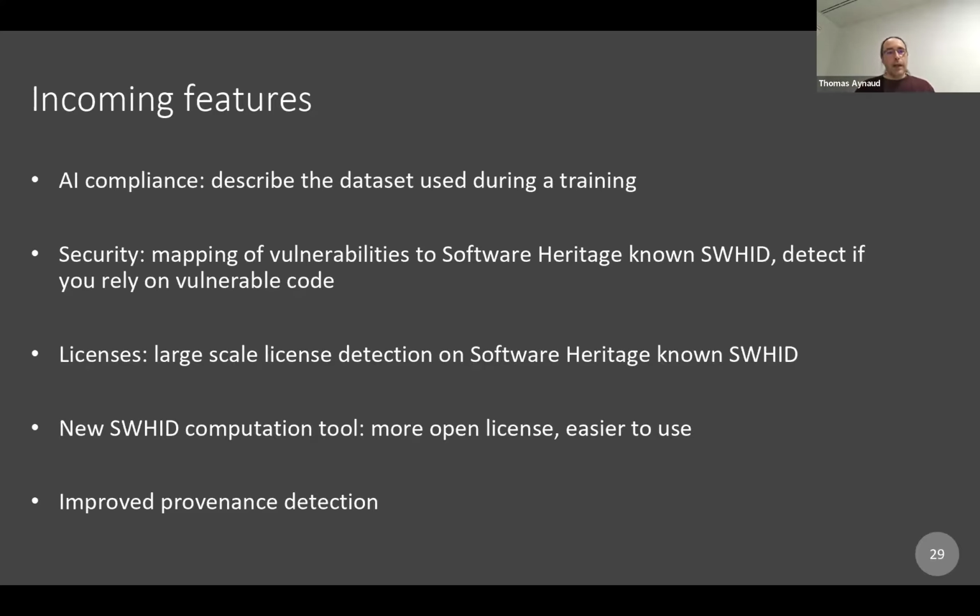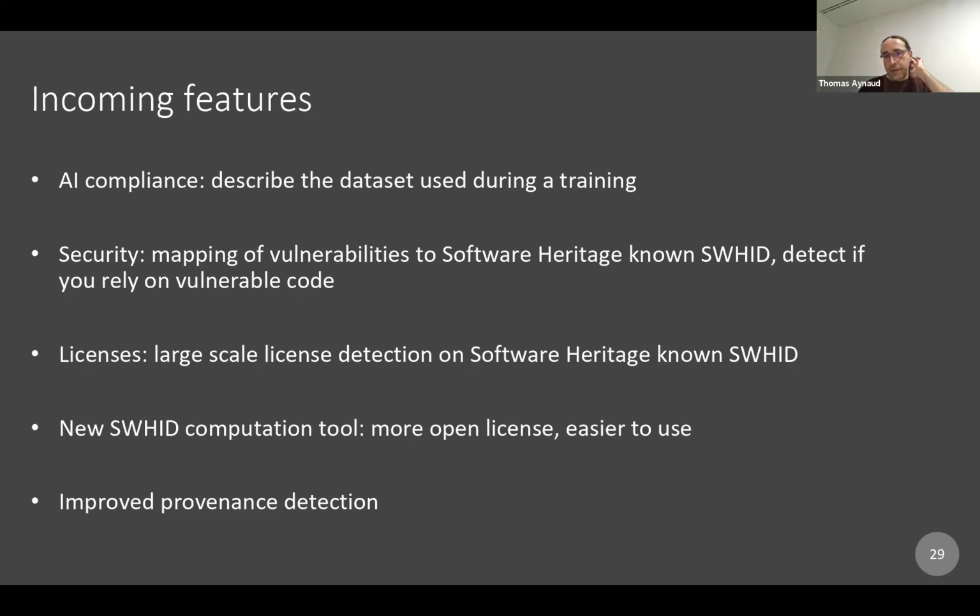Another project that we are working on is about security, and we are building a mapping of all the vulnerabilities in the CVE to the Software Heritage known SWHIDs, to enable you to detect if you rely on vulnerable code. The idea is that we will take all the vulnerabilities, the CVEs, that are in databases, and we will try to detect the introducing commit and map it to a SWHID inside Software Heritage, the fixing commit and map it to another SWHID.